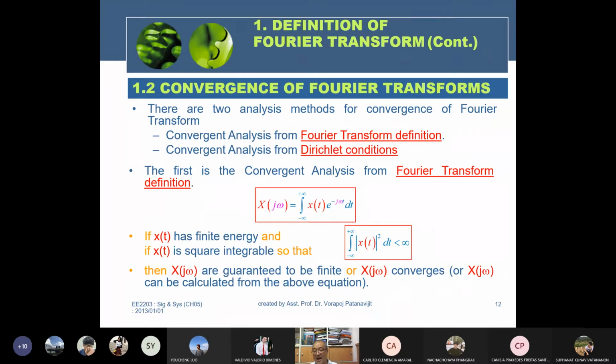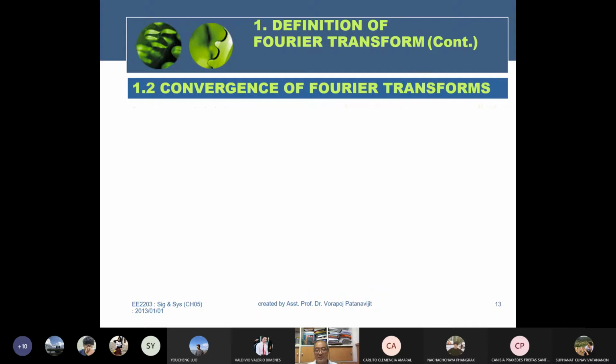In this case, we state that the Fourier transform converges, which means X(jω) can be calculated from the above equation.